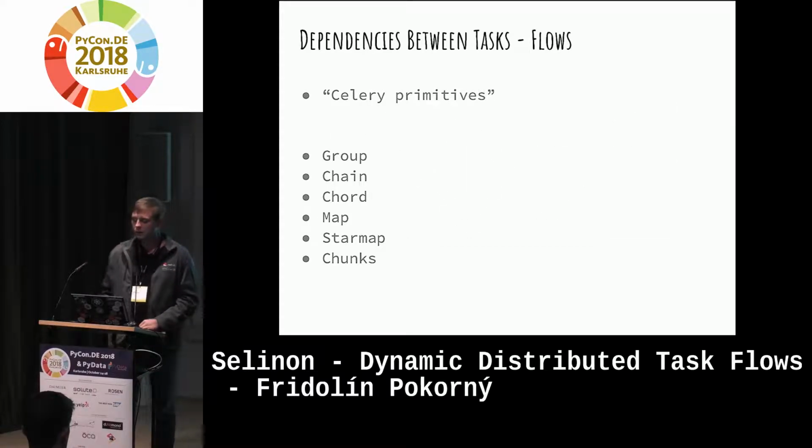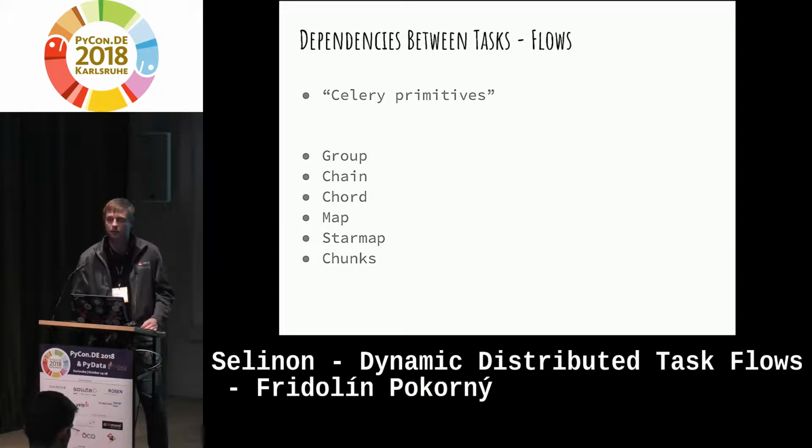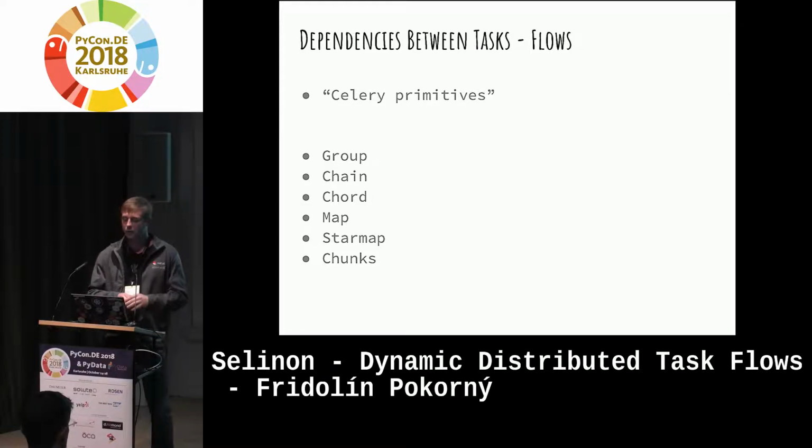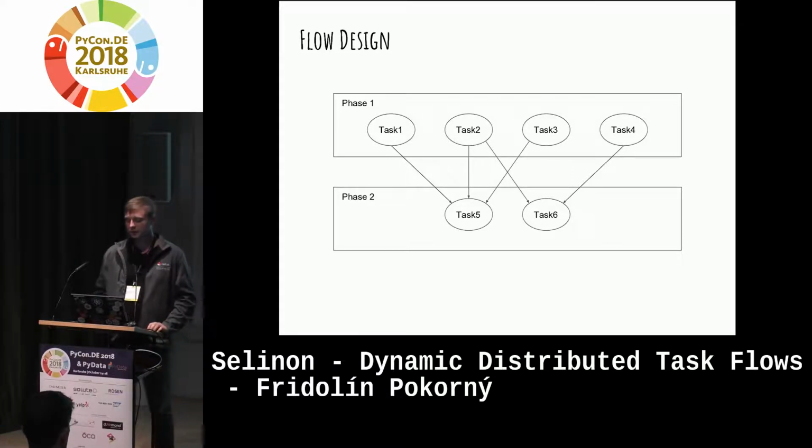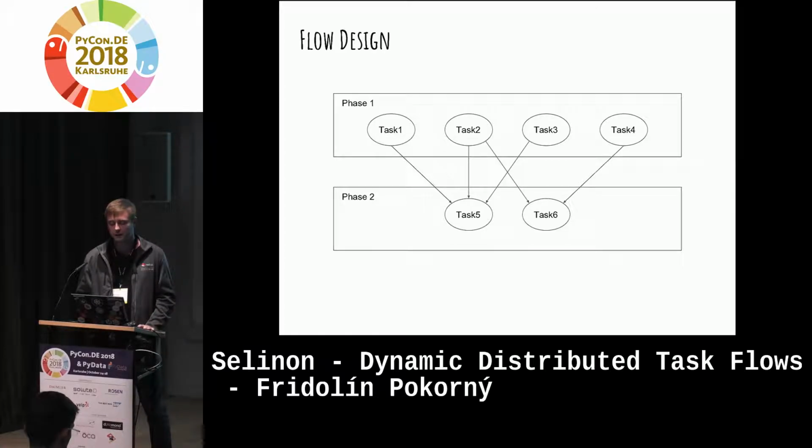So we can utilize something that is called Celery primitives, and these Celery primitives basically allow you to run tasks in parallel. So you can state, I would like to run 3 tasks in parallel, or they allow you to chain tasks, so you execute one task after another. So let's use these Celery primitives. This was our flow design, and when we use these primitives, we introduce something that could be called phases.